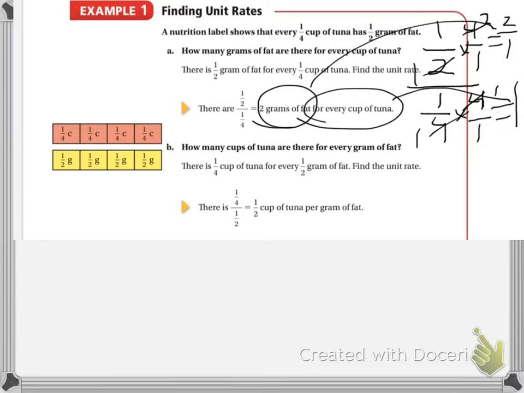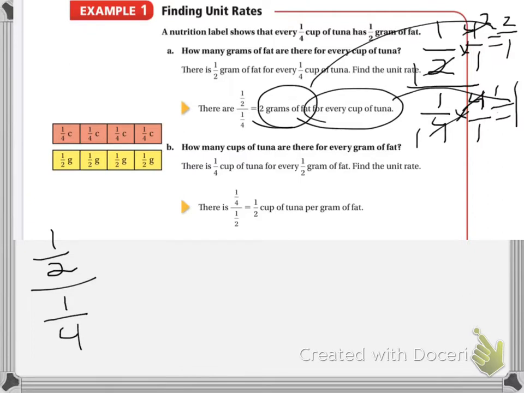All right, now for the second one, we're still going to use that ratio of 1/2 gram of fat for every 1/4 cup of tuna.